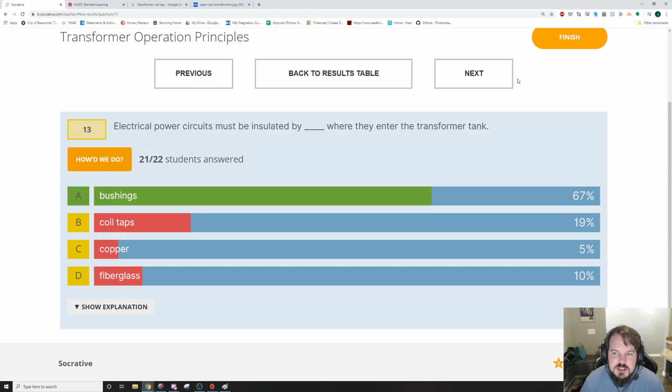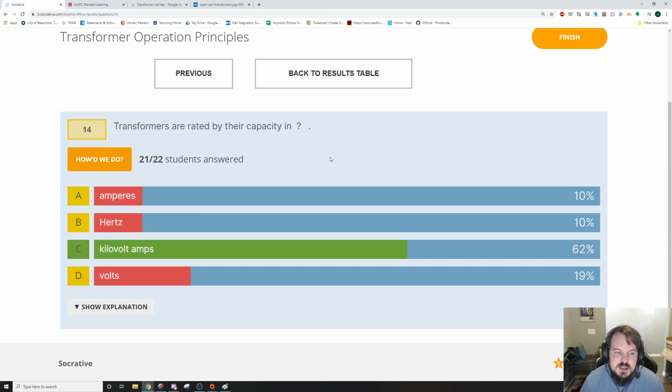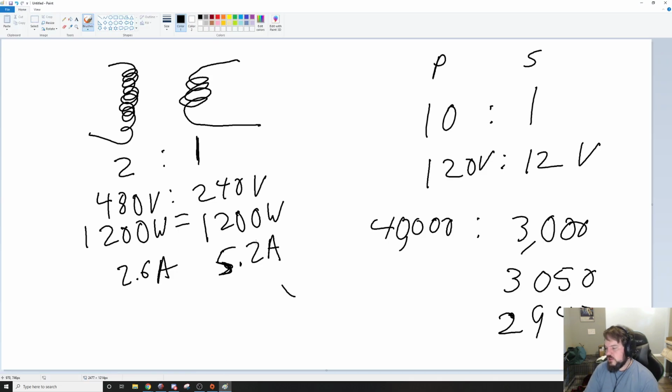Bushings, you have to have bushings coming into a transformer. And I used wattage in my earlier drawing. This actually should have been voltamps. Voltamps and watts, like we've learned in AC theory, are the same value.